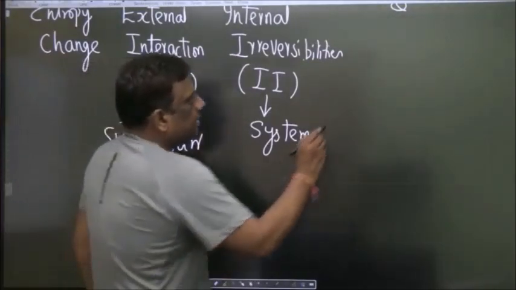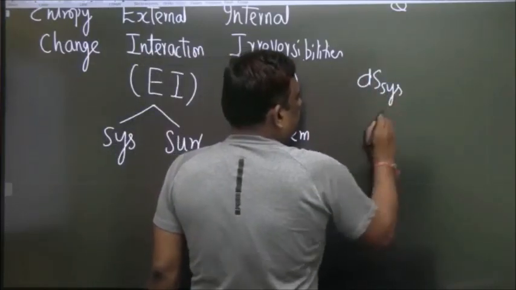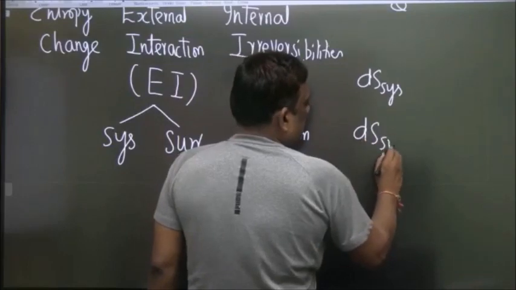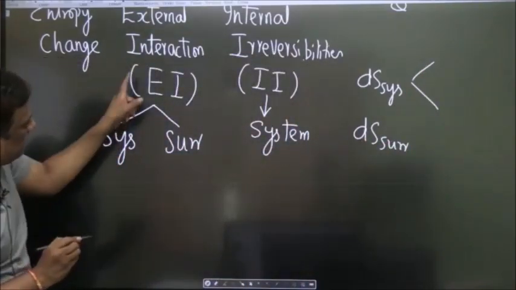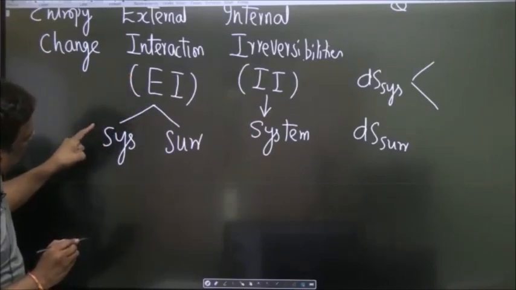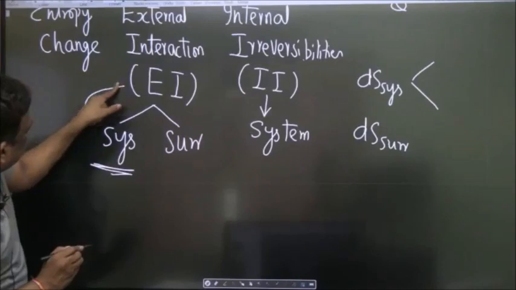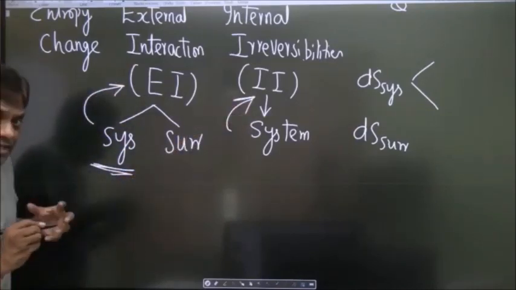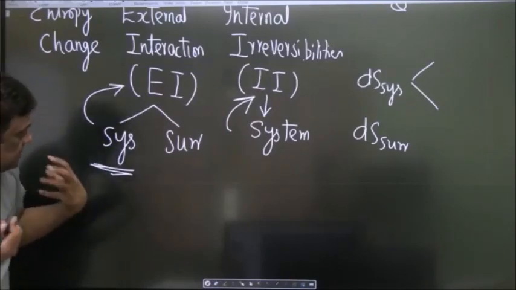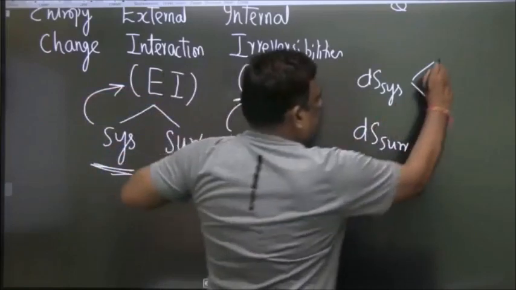This means, if I write entropy change of system and entropy change of surroundings, listen carefully. The entropy change of system takes place due to external interaction, and also due to internal irreversibility. Means system entropy can change due to external interactions and internal irreversibilities.